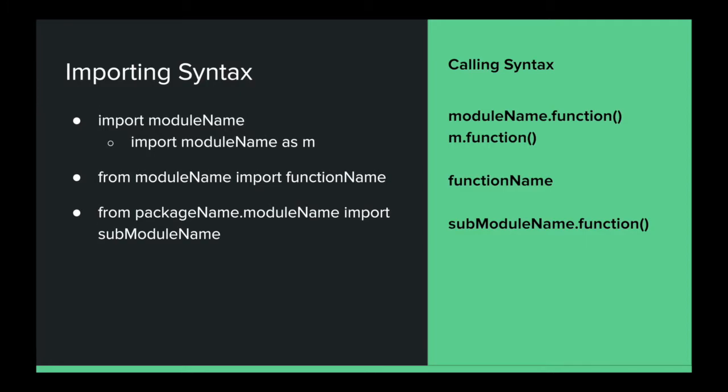And then the second way is from a module, you can import just one function. So to do this, you would do from module name import function name. And in this case, you would import just that function. So when you're calling it, you only have to use that function name, which is one benefit. You don't have to use that dot notation, and you just call the function name.